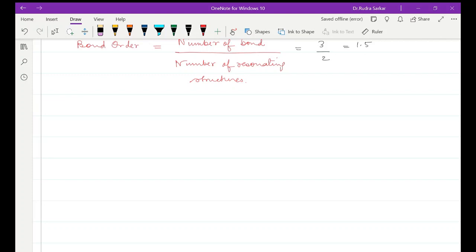Now let us apply this again. Let us take another example, which is obviously over here we are saying it is a nitrite ion. So for a nitrite ion, we will be having the following structure. All right. And so the two resonating structures for the nitrite ion will be as follows.